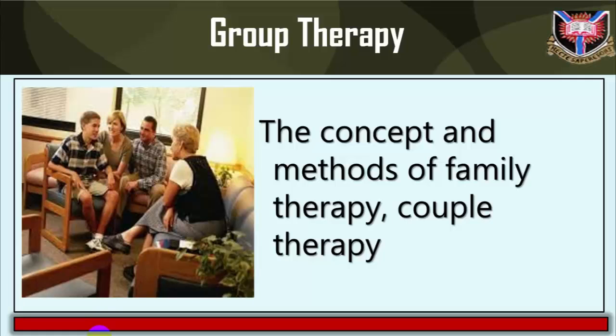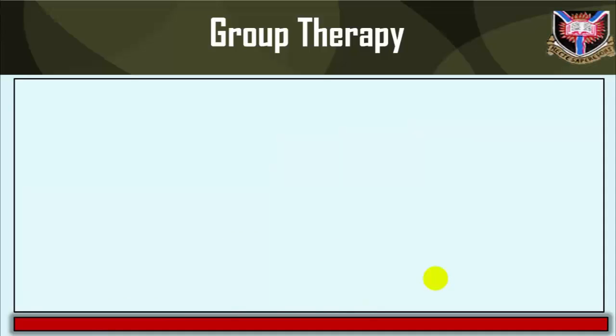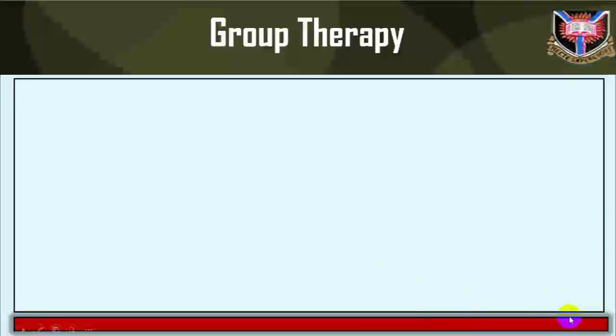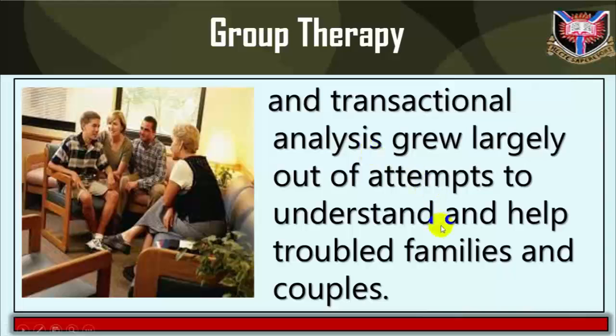Other forms of group therapies have their own theoretical rationales that are independent of any associated individual therapy. The concept and the method of family therapy, couple therapy, and transactional analysis grew largely out of attempts to understand and help troubled families and couples.